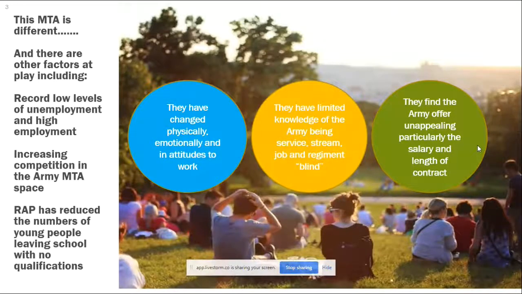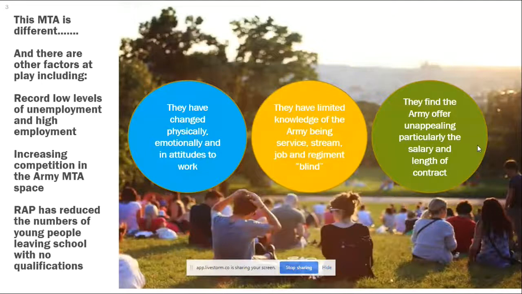Well, we know we have record levels of employment at the moment. Typically, the army has always done well in the past when unemployment has been higher. There's also a lot of competition around, and our target audience is 16 to 24-year-olds, and the number of people in that area has declined.